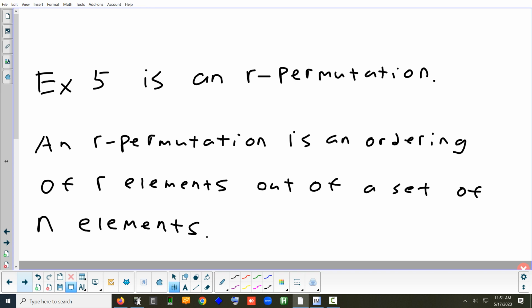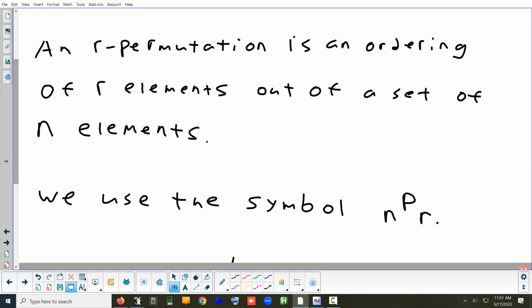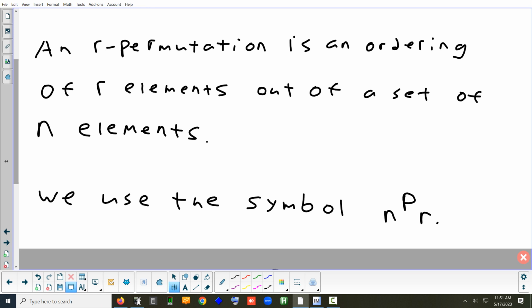So we ordered 3 things out of a set of 15. We didn't order all of them, only 3 out of the 15. And the notation we can use to write something like that is 15, the P symbol for permutation, and then 3.